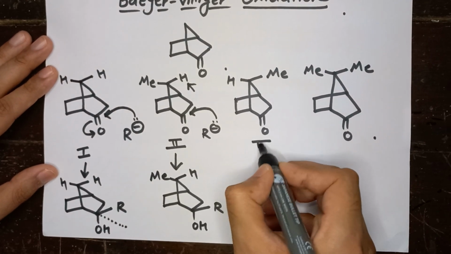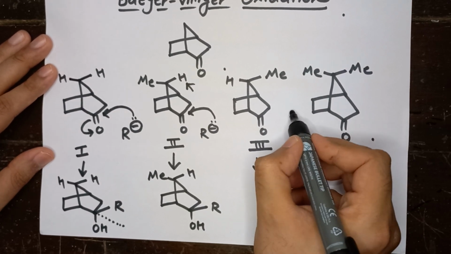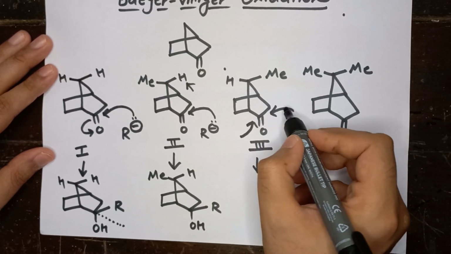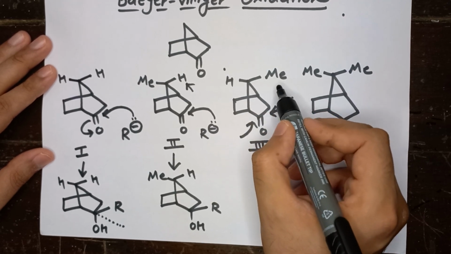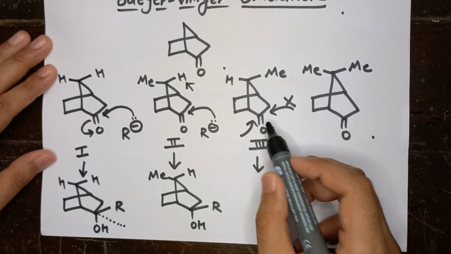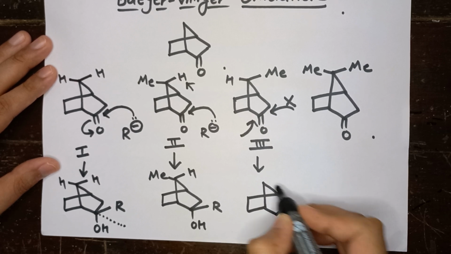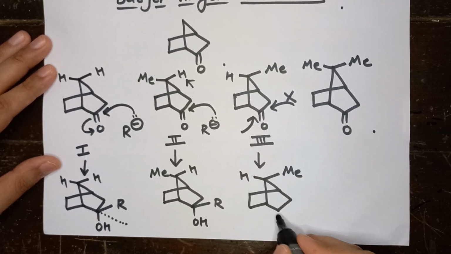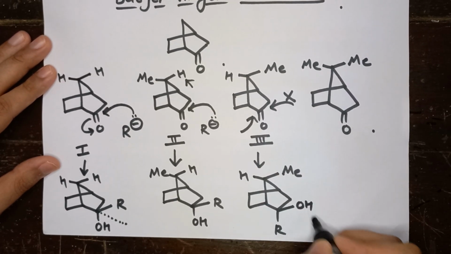Let's see the third case. This time R minus cannot approach from this side because in the right side we have a methyl group that will cause the hindrance. So that's why the R minus will attack this planar carbonyl from below the plane, and the product will be: R is attacking from below the plane, so R will come down and this bond will break and OH will be up.